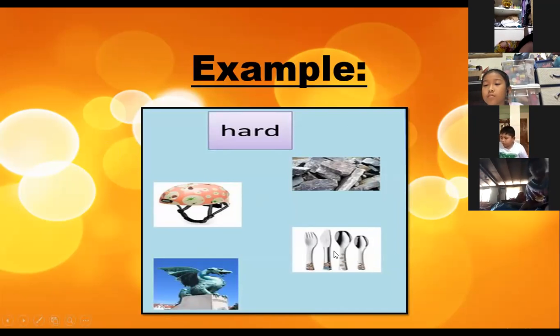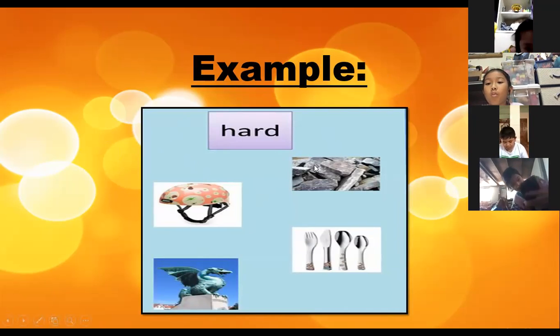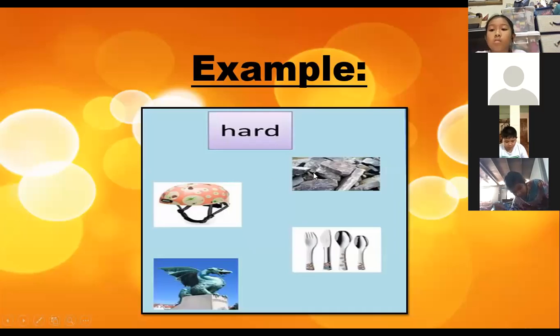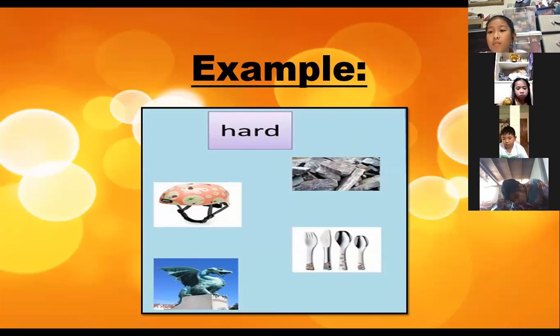And spoon, metal, and fork. So these materials are examples of the property of hardness. Can you give me an example of a material that has the property of hardness aside from this picture?